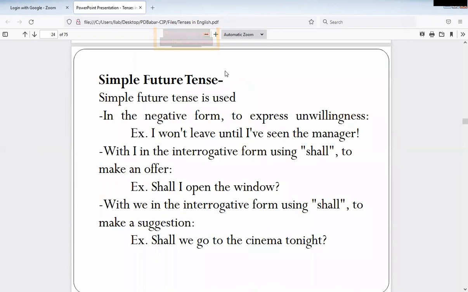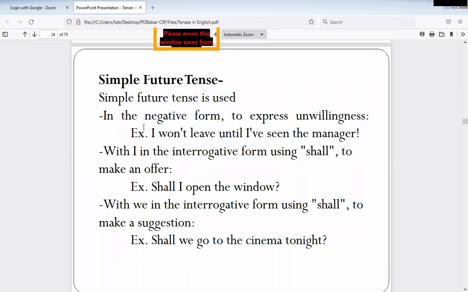Another use we can see is that the simple future tense is used in the negative form to express unwillingness. So we can use the simple future tense in the negative form also. What is an example of that?